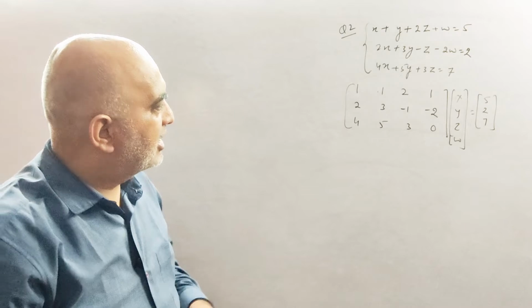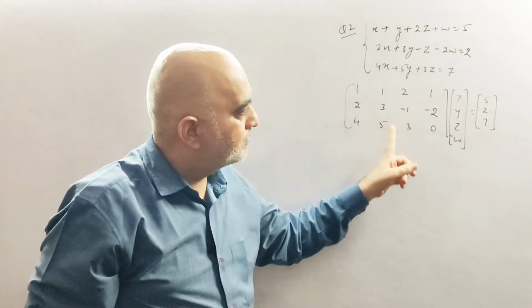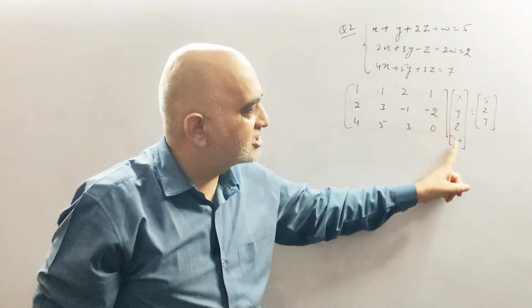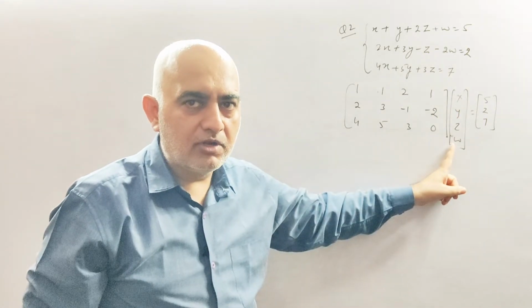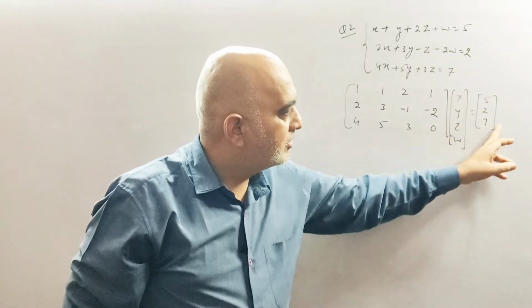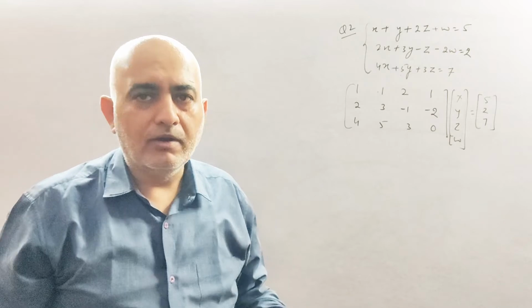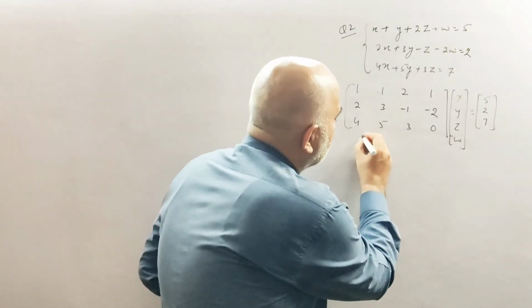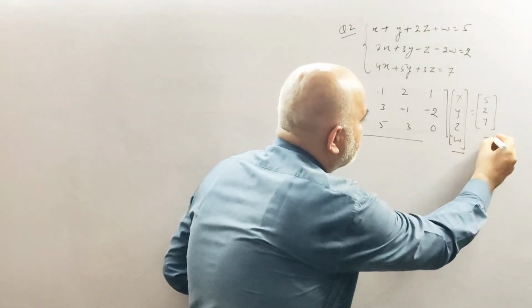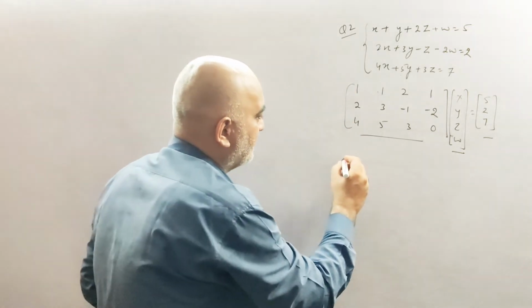So what we are getting here: first, it is a matrix of order 3 by 4, and this contains 4 variables, so it is of order 4 by 1, right? And here we have this matrix which has the order 3 by 1. So we are expressing the given equations as Ax equals B. Now write the augmented matrix here.